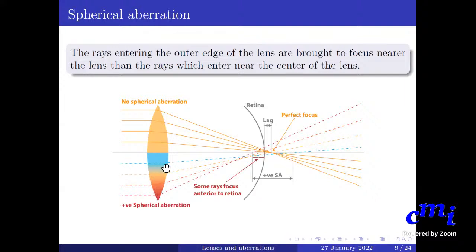The blue ray and the orange ray here are towards the center of the lens, and they get focused somewhere here. On the other hand, the dark orange and the red ones, which are closer to the edge of the lens, get focused earlier here. This effect is called spherical aberration.